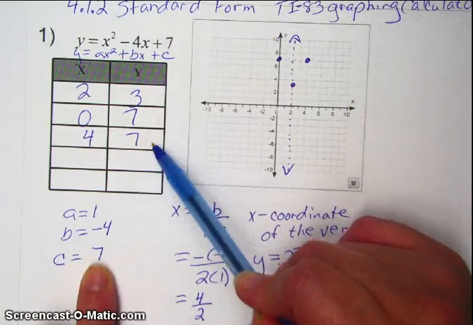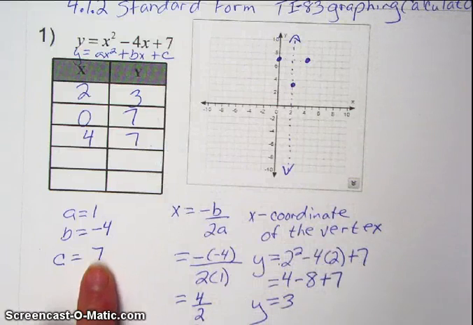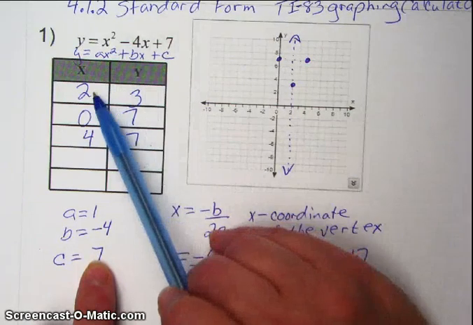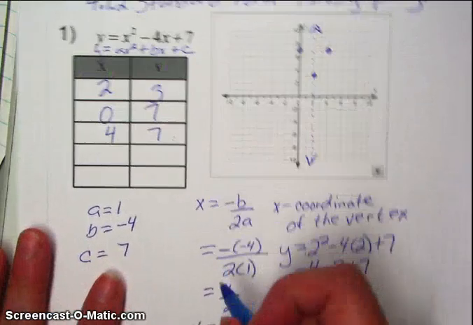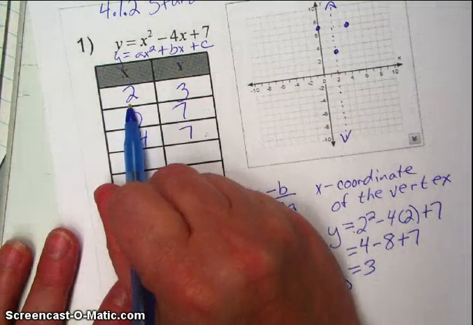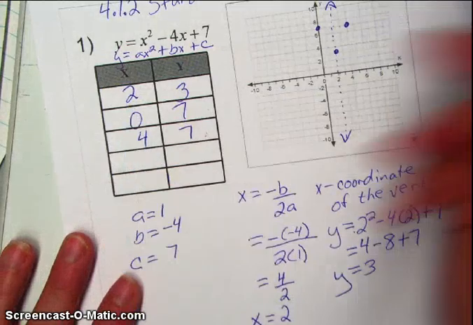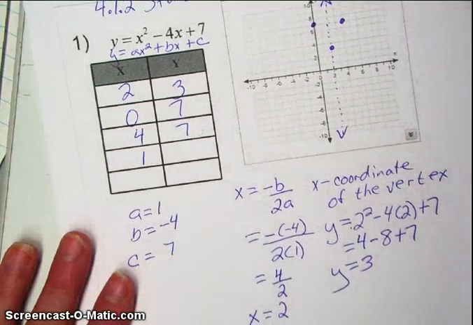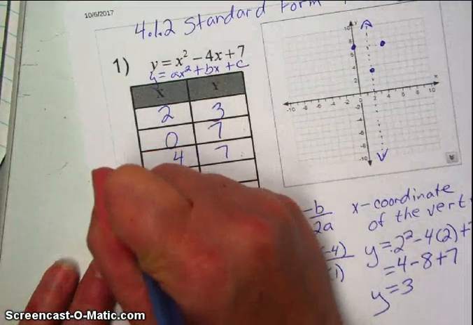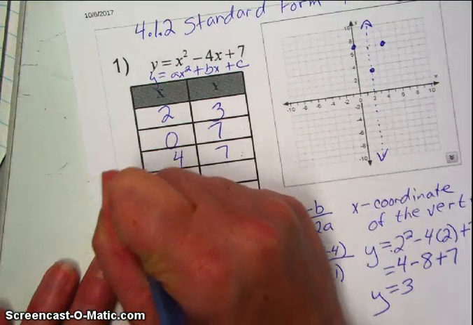Now I'm going to require that you plot at least 5 points on your parabolas before you draw them, and that you show 5 points in a table. So you're going to have to pick one more point and then graph its reflection. I always want to pick a point close to the vertex. What number is close to 2? Well, 1 is close to 2.